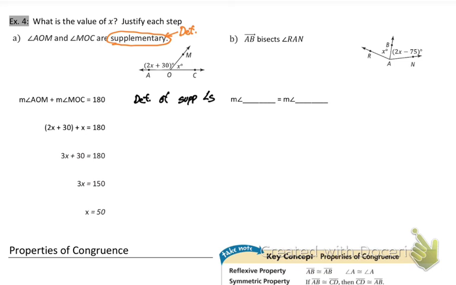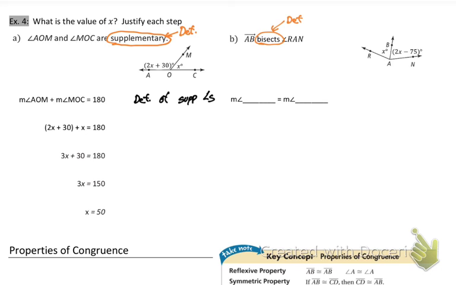Let's try the same thing over here. Do we have any definitions for bisectors? Like bisecting an angle. Is there anything under definitions that say something about bisecting? A line that divides an angle into two congruent angles. I'm going to use the definition to say, okay, bisect means divide into two congruent angles.